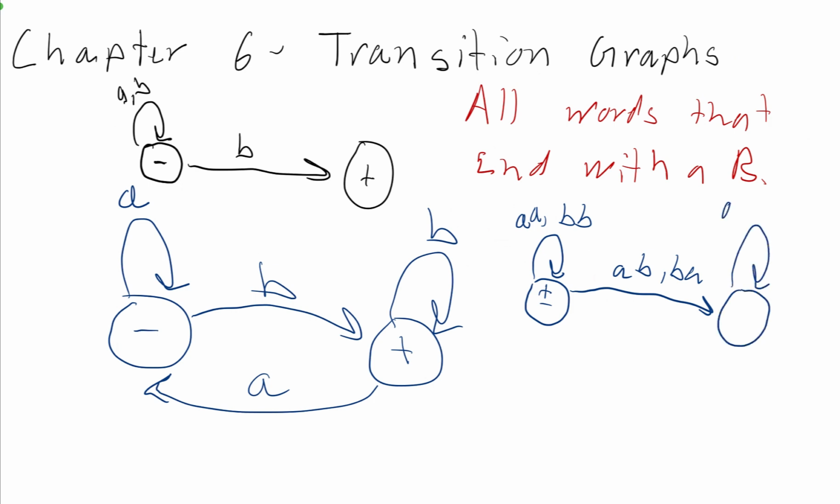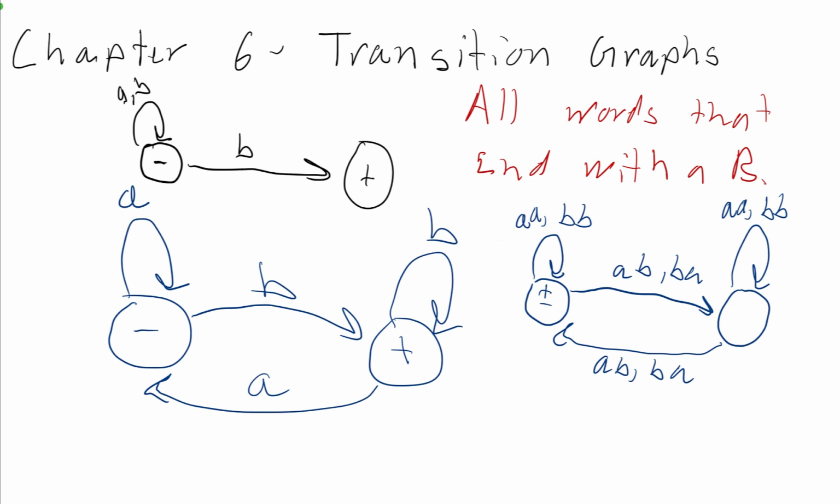And then while we read an even number of A's and an even number of B's, we'll stay in that state. And so this means we have an odd number of A's. This state says we have an odd number of A's and an odd number of B's. And then as we transition back with an AB or a BA, now we're back to even.